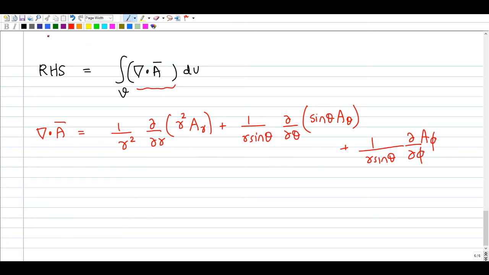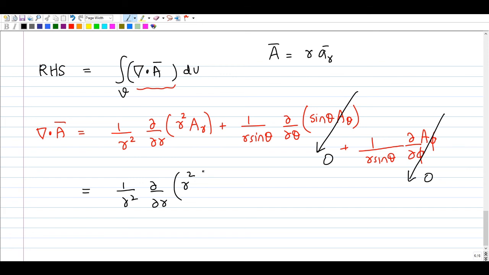And we know that for the vector A, there is only an AR component. Vector A is R a_r. There are no theta and phi components. So these two terms will vanish. We need not evaluate them. These are zeros. So only the first term is there: 1 by r square dou by dou r of r square AR.